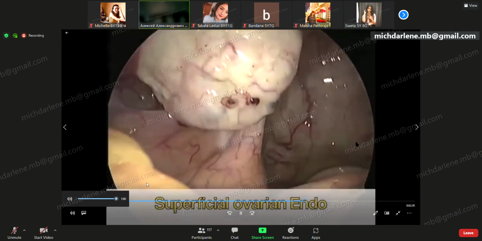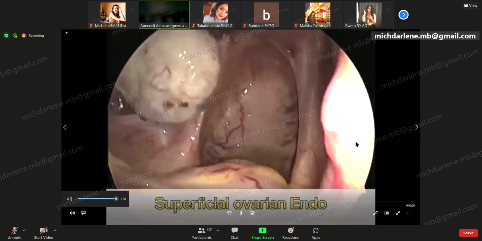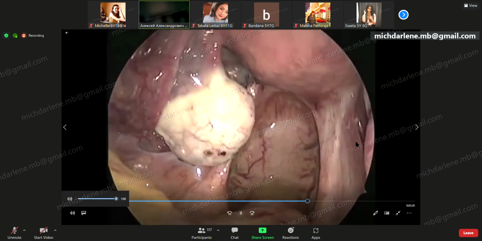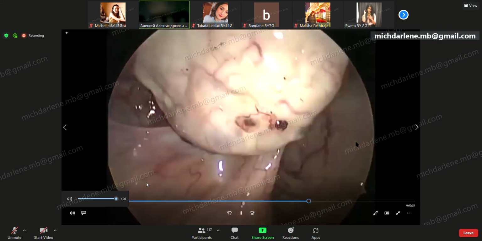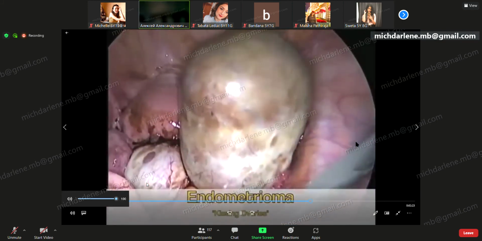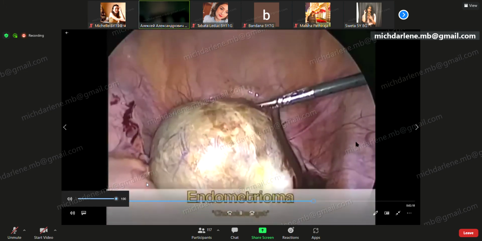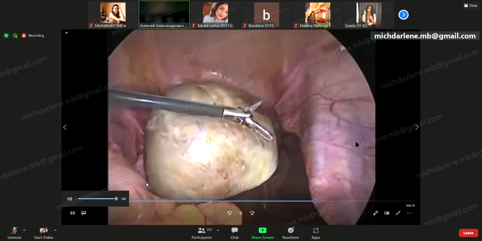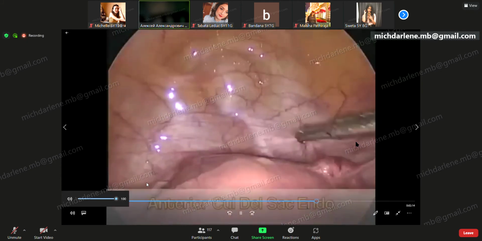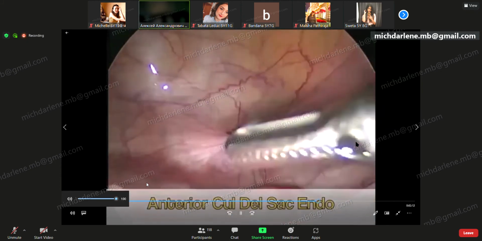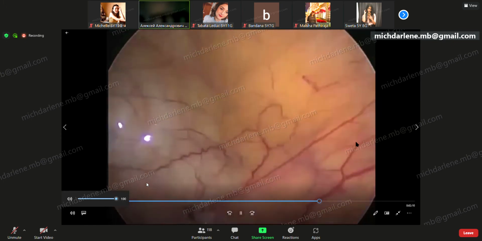Superficial endometriosis on the ovary. An endometrioma within the ovary. Endometriosis on the anterior cul-de-sac.